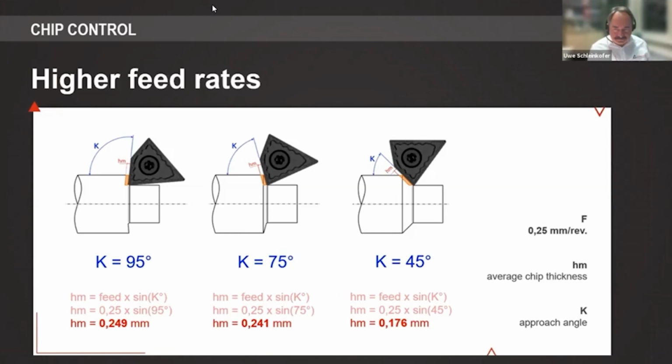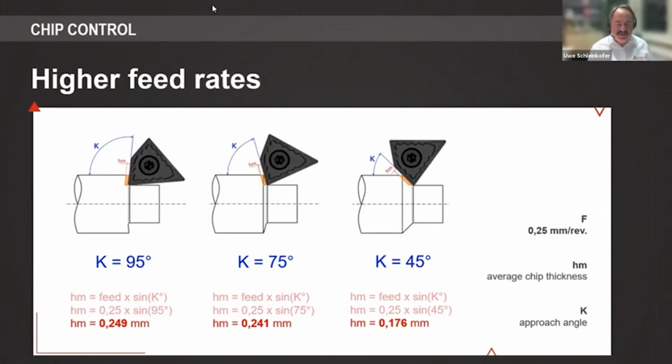And now we analyzed and checked in our test facility all the different approach angles and analyzed what are the required feed rates to get the best cutting process out of the tool.